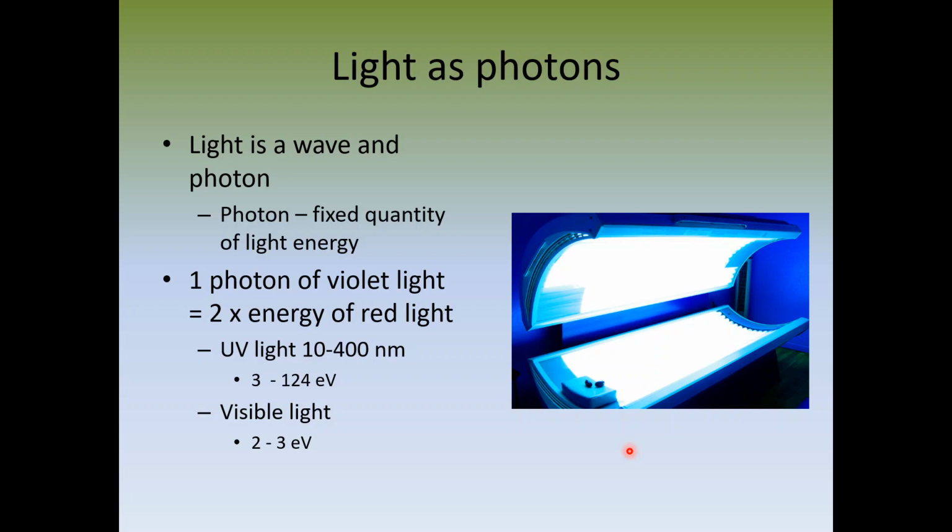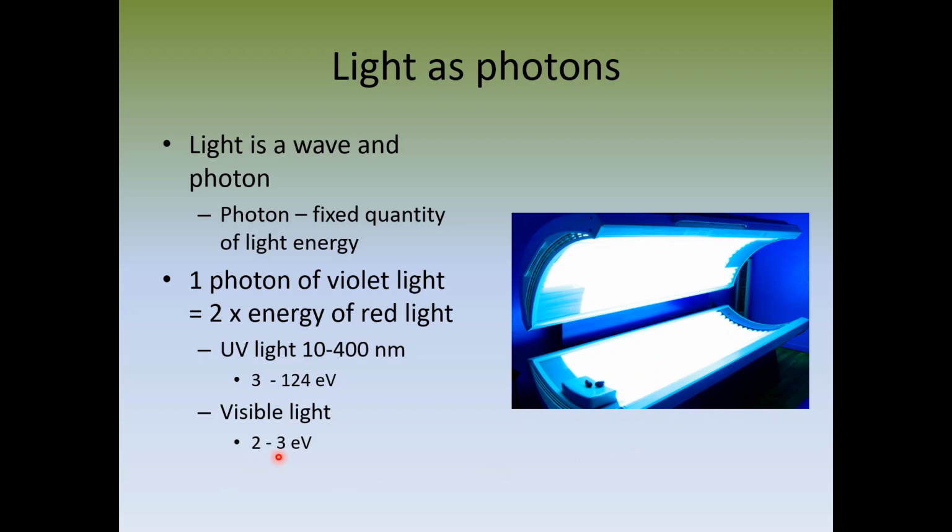But what's happening is when UV light hits your skin, it has enough energy to pass through those upper layers of skin and hit that base level of skin that is just growing and literally break apart your DNA. And then when your body wants to repair that DNA, sometimes it makes a mistake that causes a mutation, and that can cause skin cancer.